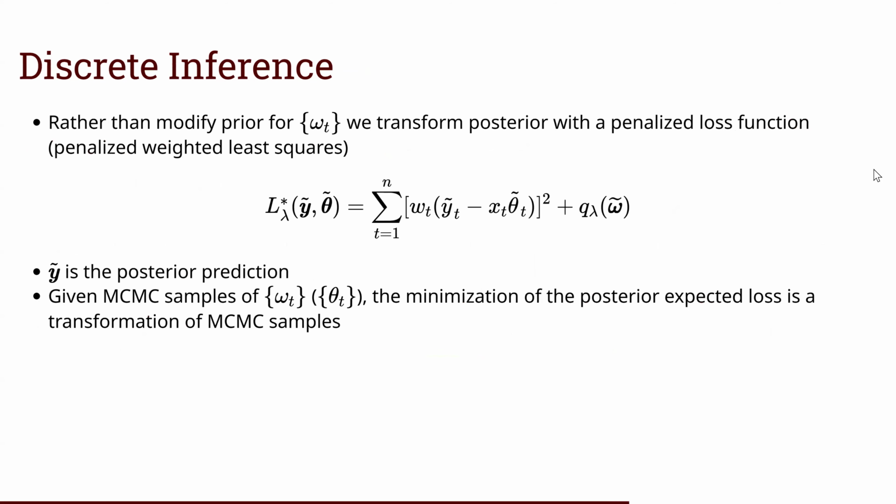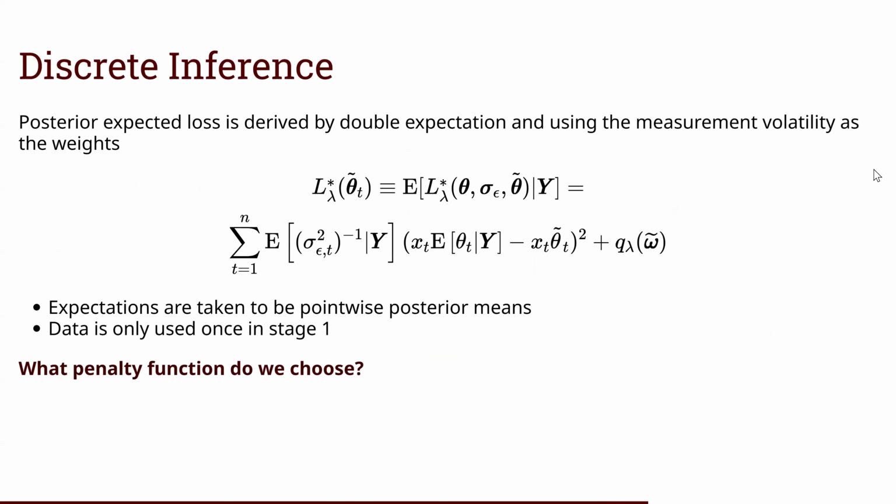So I'll just sort of highlight, I'll maybe skip this, but essentially, once you have your MCMC samples in hand, you do this weighted penalized regression, and we just plug in for different components the posterior means that we have. So for the prediction, we plug in the posterior mean of the prediction, and for our weights, we plug in the posterior mean of the variance.